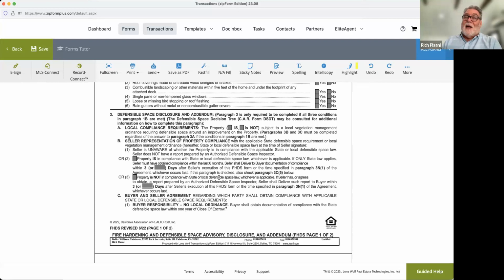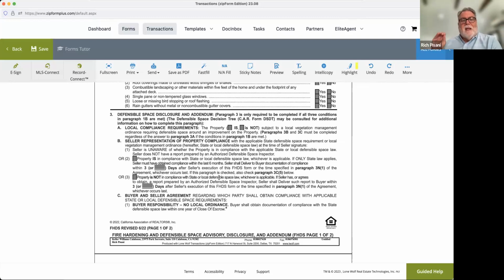I know that my NHD said the seller should be arranging this. It is not a point of sale requirement in Southern California. The only place per CAR legal that it is required is somewhere in Northern California around Truckee. So they are never going to have to give this report or get this report.